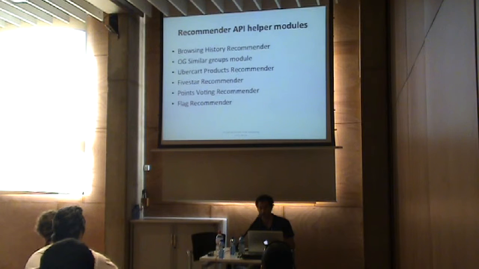There's also a module available for using the Voting API, which is a similar process, and flagging nodes. Users who flag these nodes also flag these other nodes, and therefore we can associate those nodes and recommend them to you.